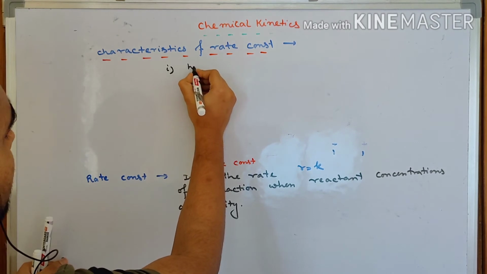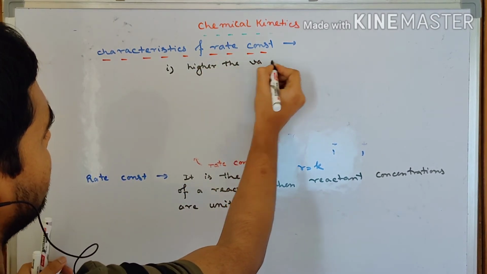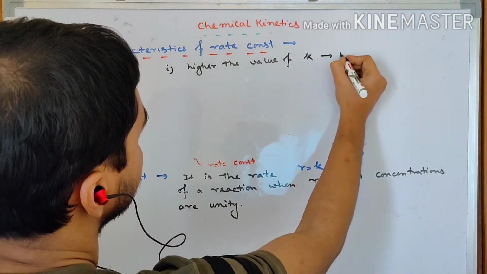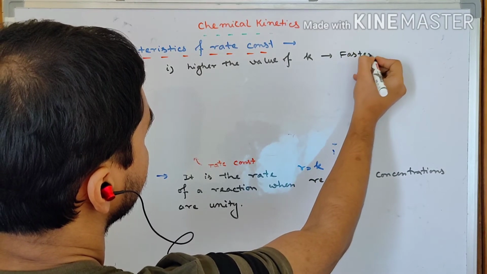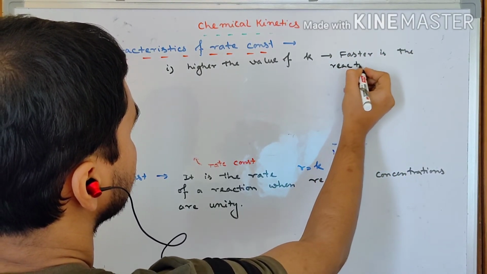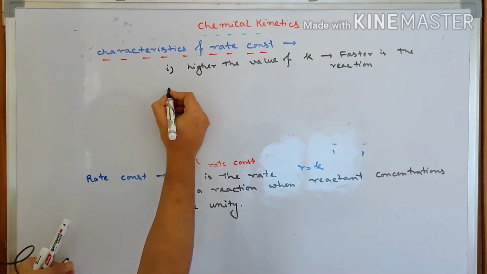First is, higher the value of K, you can say faster is the reaction. So higher the value of K, the reaction will be faster.